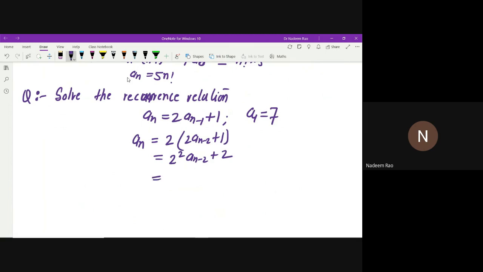Now again we put here in place of n minus 2, 2 times a_{n-3} plus 1, then plus 2, then plus 1.